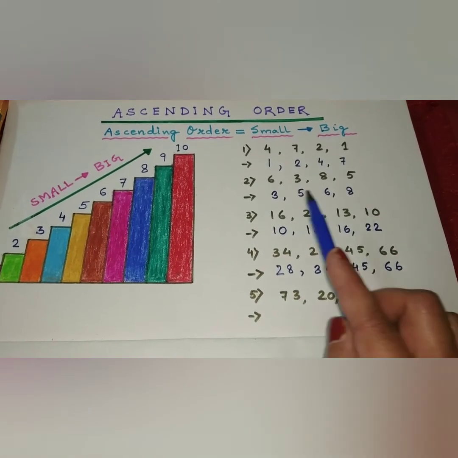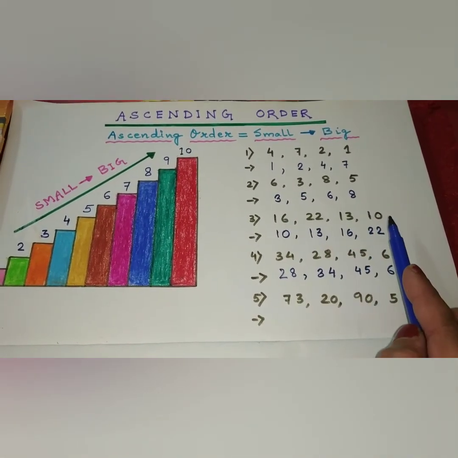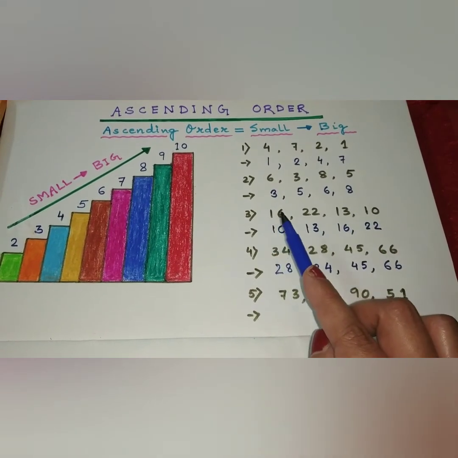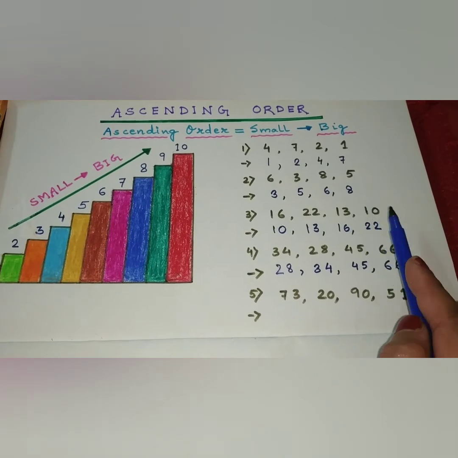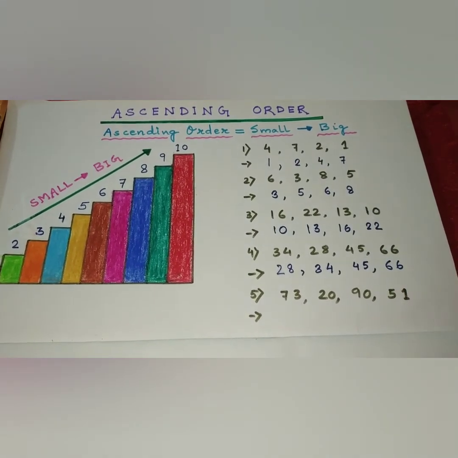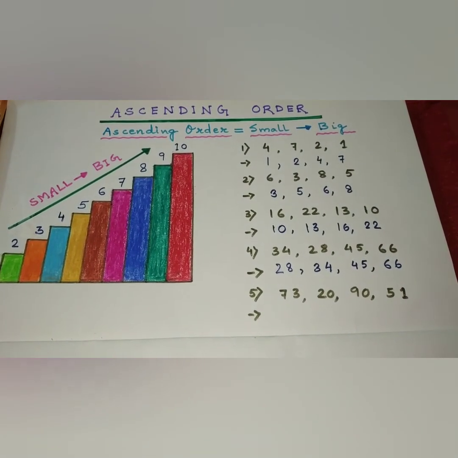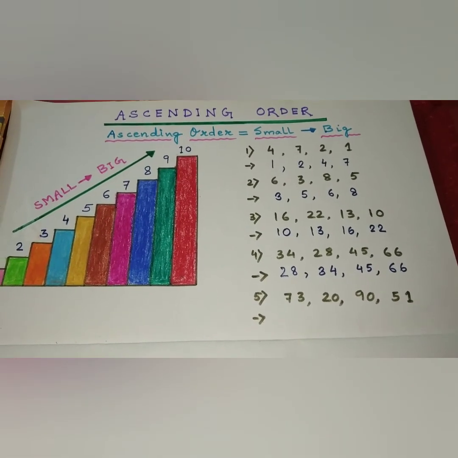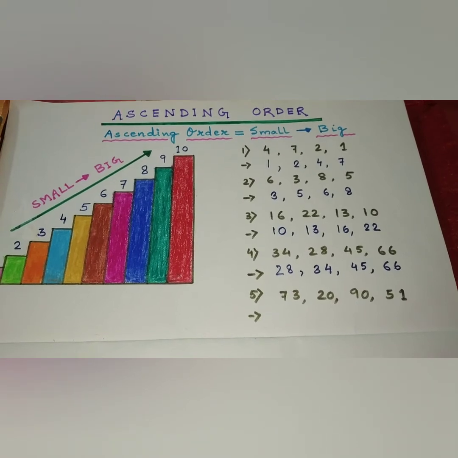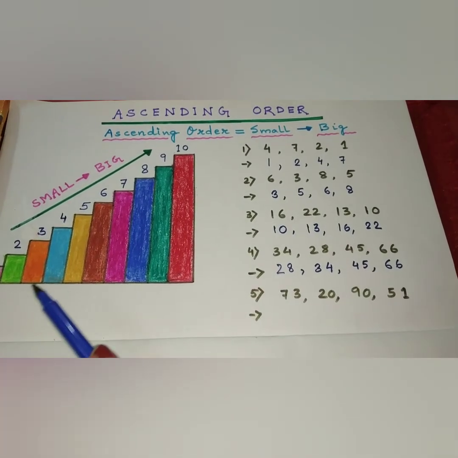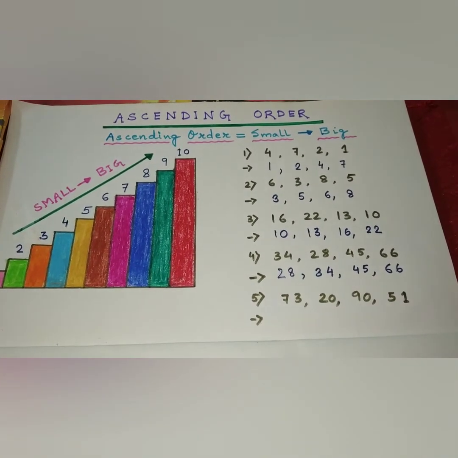We have taken the second digit of the 3 numbers. From 16, 6, from 13, 3 and from 10, 0. So taking the second digit of the numbers, we easily solved example number 3 following the chart here.